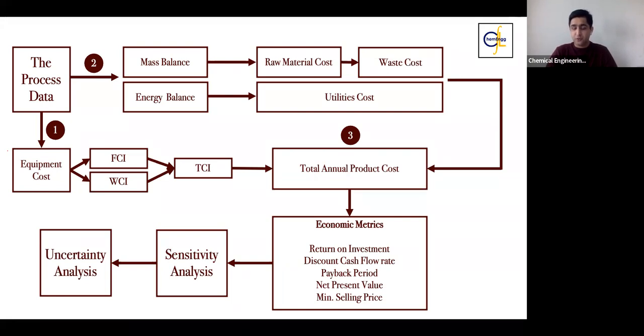One way of doing that is, of course, sensitivity analysis. Now, the sensitivity analysis does not really cover the validation or verification part, but it covers the uncertainty that you might have in any of these numbers. One example is a raw material cost, let's say I'm buying methanol.